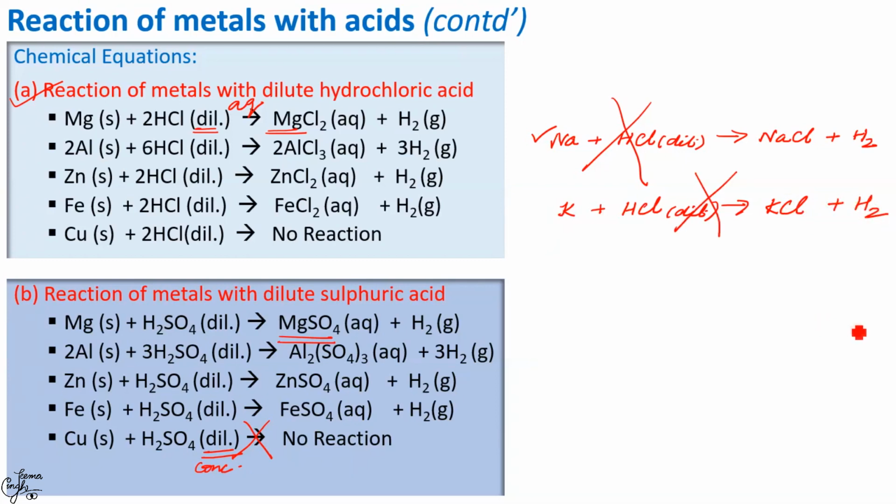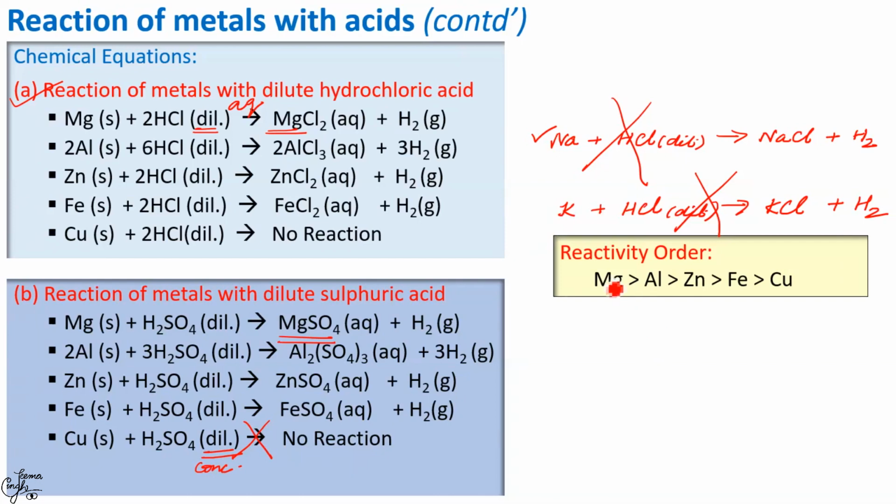Thus, on the basis of the reaction of metals with dilute hydrochloric acid or dilute sulfuric acid, we can arrange the given metal samples in decreasing order of their reactivity as follows. Magnesium most reactive, followed by aluminium, zinc, iron, and finally copper, which doesn't react with dilute hydrochloric acid as well as dilute sulfuric acid.